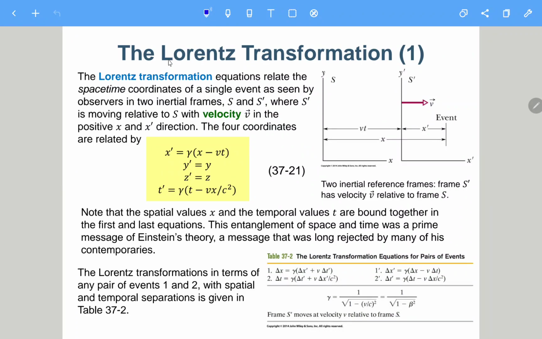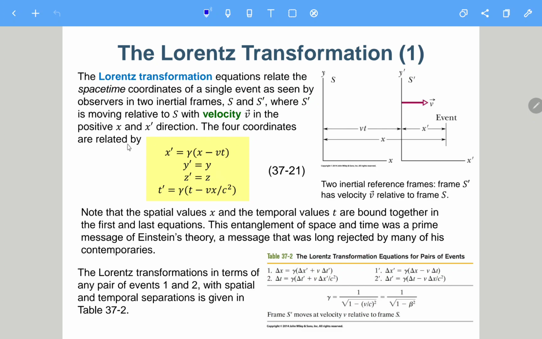So next we will cover the Lorentz transformation. The Lorentz transformation is the equation relating the space-time coordinates of a single event seen by our observer in two inertial reference frames, S and S prime, where S prime is moving relative to S with velocity v in the x and x prime direction.